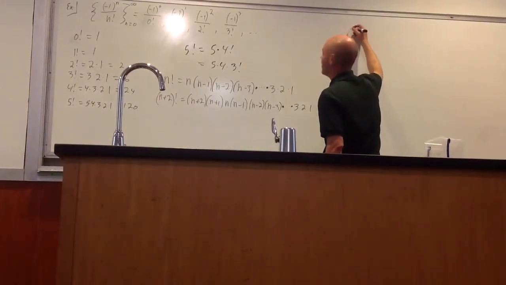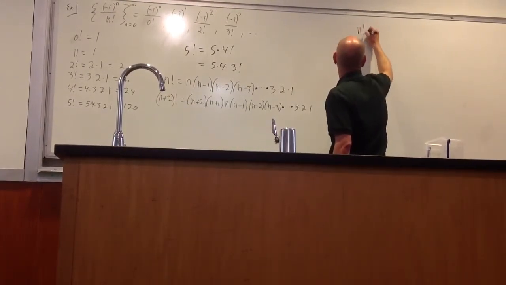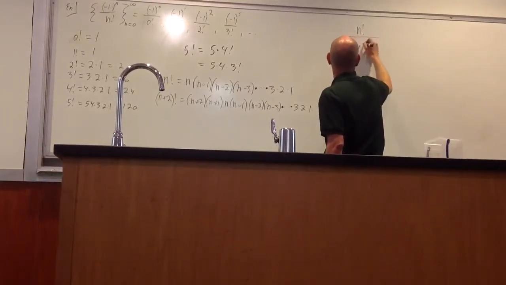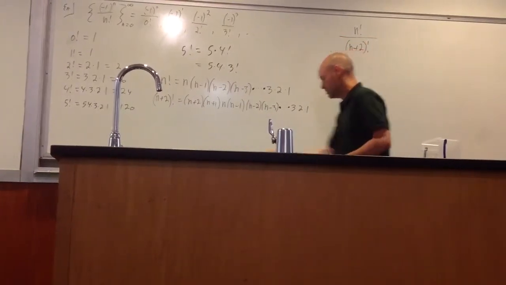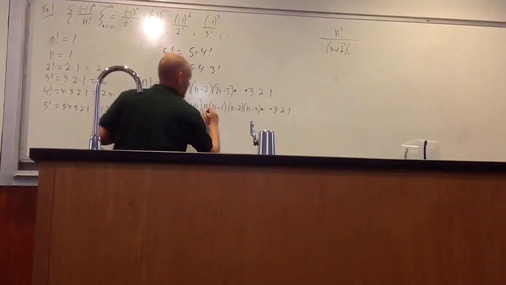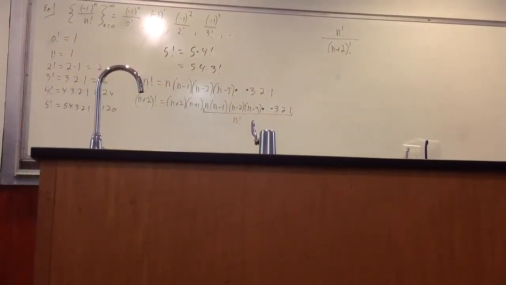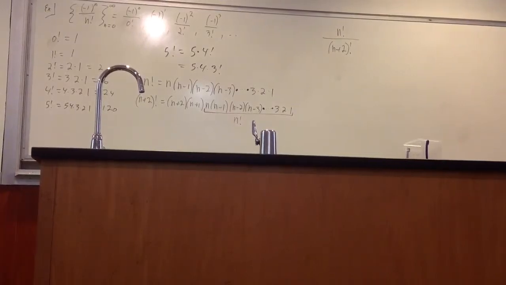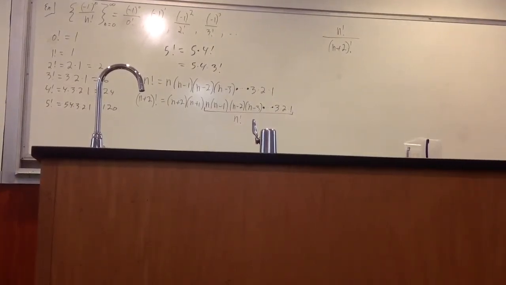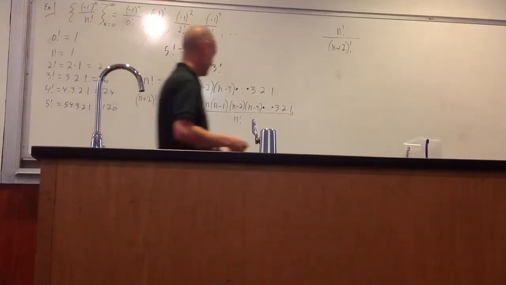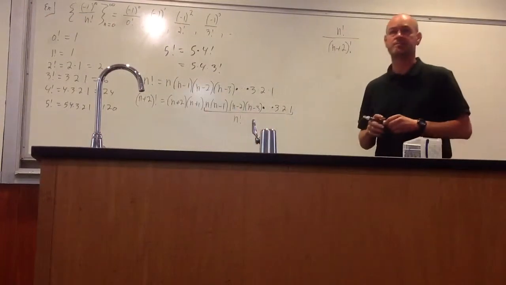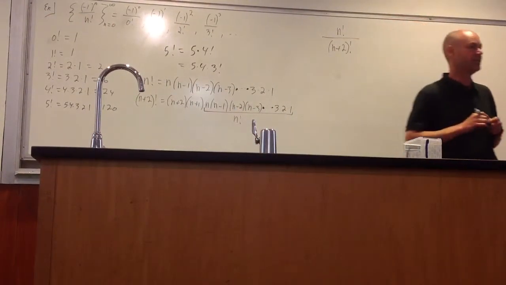So if I say, what is n factorial divided by n plus 2 factorial, you see that n plus 2 factorial has n factorial embedded in it. You get the idea?